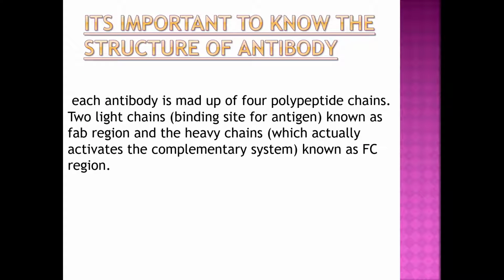Now, before knowing the exact mechanism, it is important to know the structure of an antibody. Each antibody is made up of 4 polypeptide chains. The 2 light chains provide the binding site for antigen, which is known as the Fab region, and the heavy chains are actually responsible for the activation of the complement system, which is known as the Fc region.